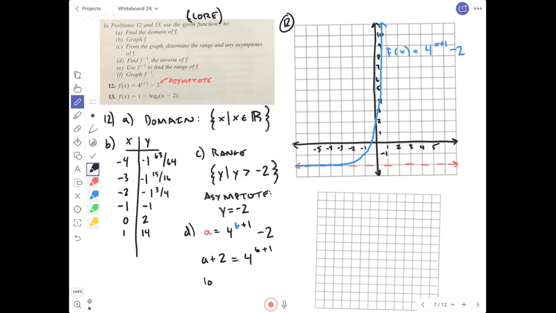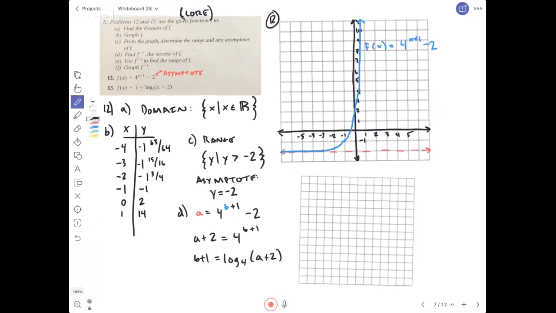Log, b plus 1 equals log base 4 of a plus 2. Just trying to keep it all on one slide. Let's see. That means b equals log base 4 of a plus 2 minus 1. Okay.